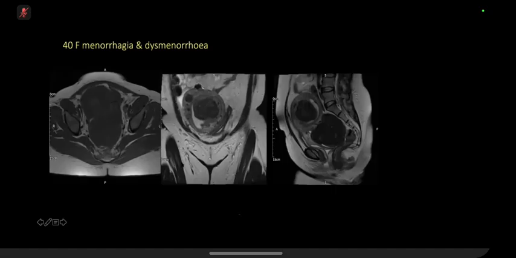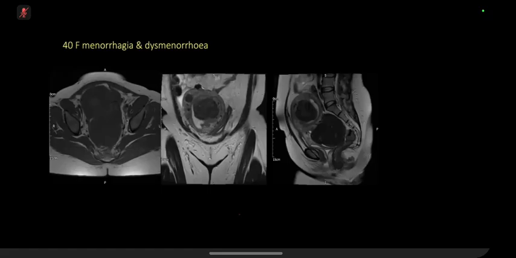So the endometrial cavity is expanded, as is the cervix, with a lesion which is low signal on T1 and heterogeneously low signal on T2. There's normal endometrial cavity surrounding the lesion within the endometrium.